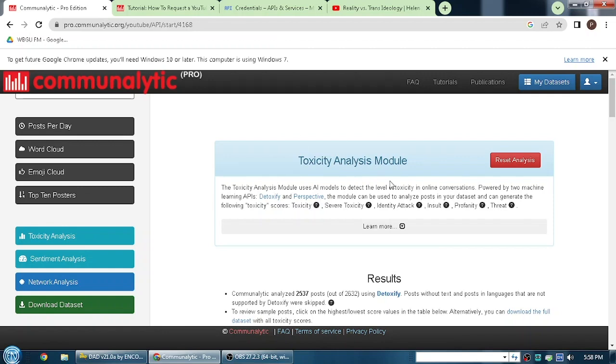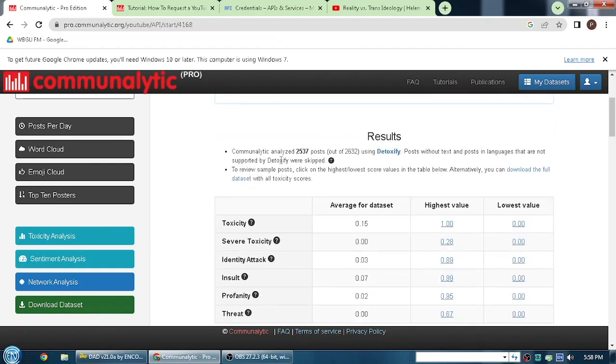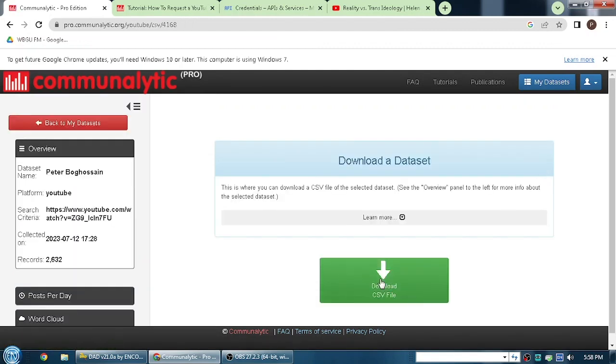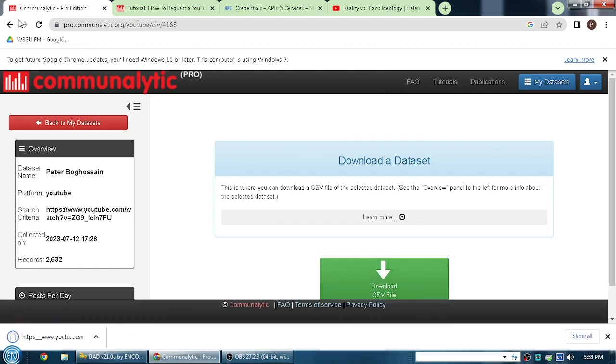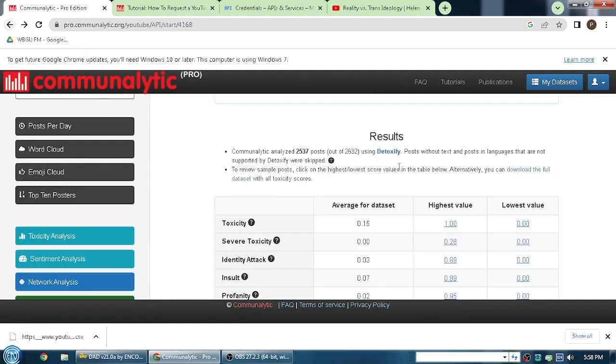So we already know what the module is doing, but here's our results. Communalytic analyzed 2,537 posts out of the 2,632 using Detoxify. Posts without text and posts in languages that are not supported were skipped. So I guess that's where that difference comes from, the ones that were skipped. I'm going to go ahead and download the full data set as a CSV, but I'm also going to go back and look.